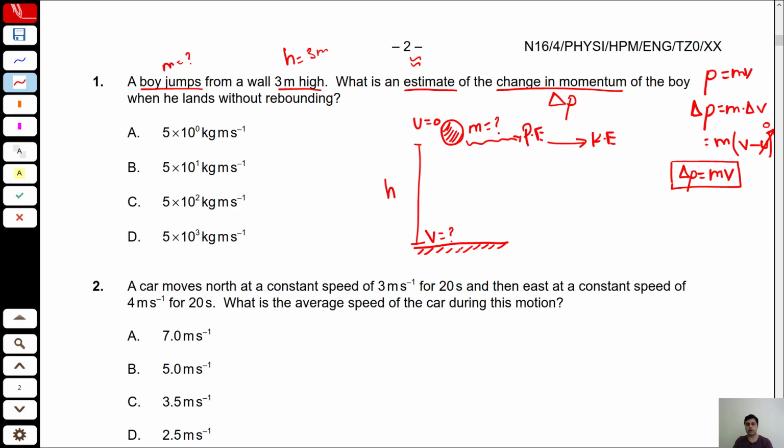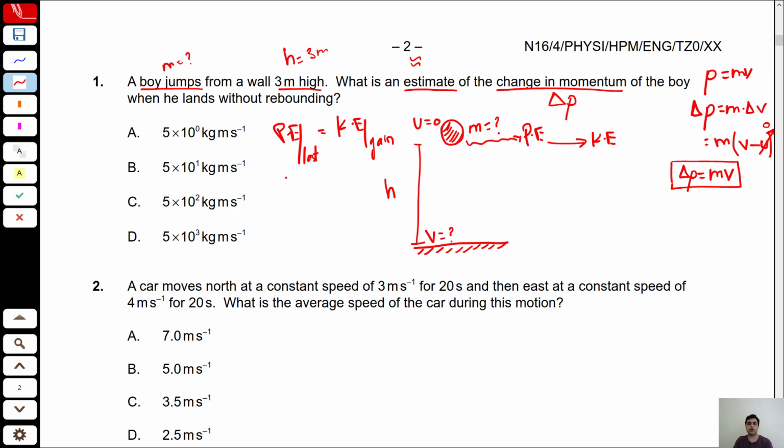So the potential energy lost during the descent equals the gain in kinetic energy.